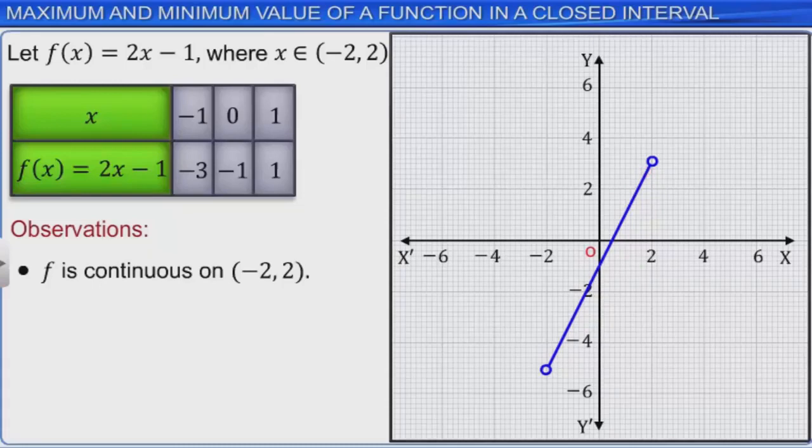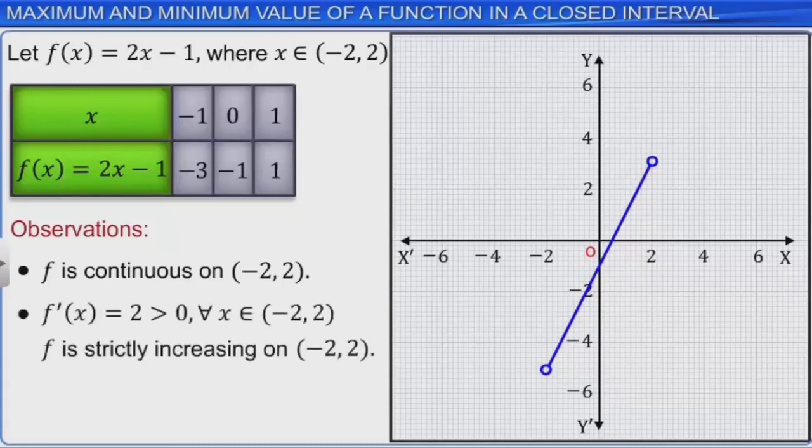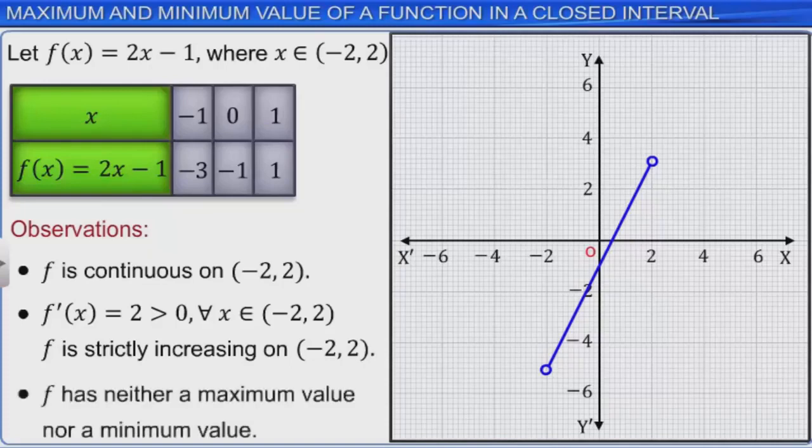The derivative of f is equal to 2, which is greater than 0. Therefore, f is strictly increasing on the open interval minus 2 to 2. The given interval on which f is defined is an open interval. This means f is not defined at the end points of the interval.